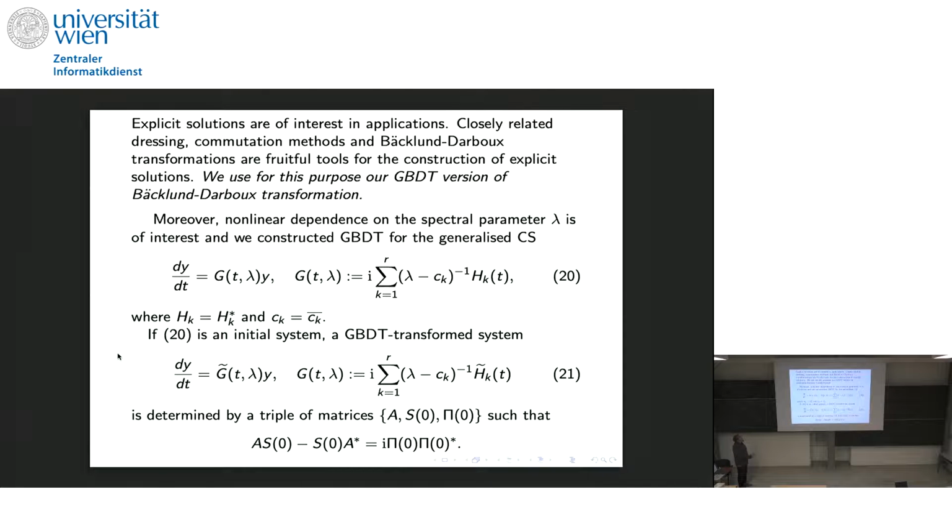If the system is an initial system, a GBDT transformed system of the same structure is determined by a triple of matrices such that a matrix identity holds. Here, A, S of 0 and P of 0 are different from what we discussed before. They are matrices.